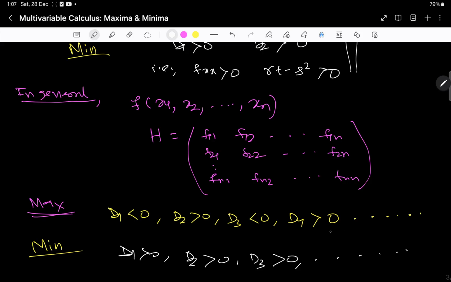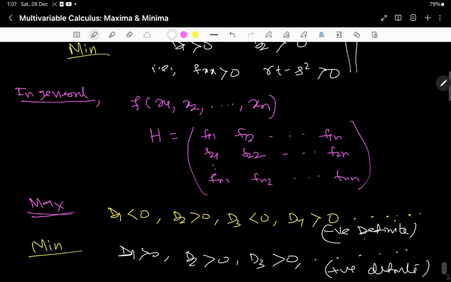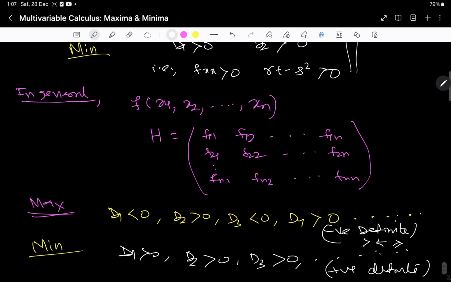For the maxima case it is called negative definite. For the minima case it is called positive definite. Here the greater than sign can also be replaced by greater than or equal sign, and it is called positive semi definite.